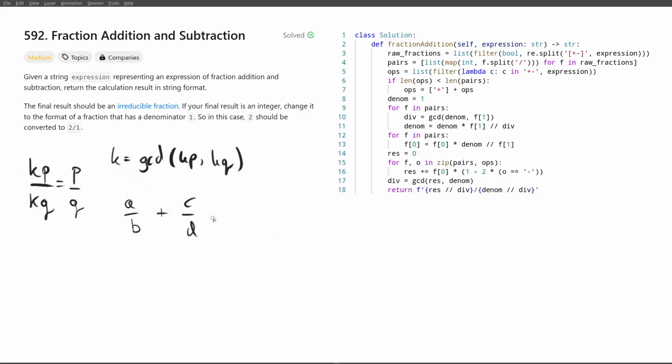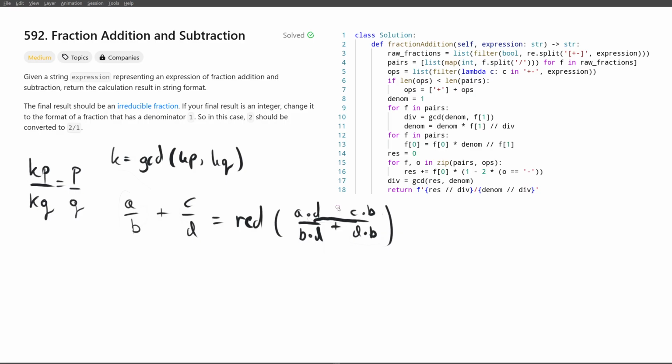So in this case, we have to reduce the result, and that result will be a times d over b times d, plus c times b over d times b. So we just multiply everything here, both above and below, by d, and everything here, both above and below, by b, then the denominators are the same: b times d, d times b.